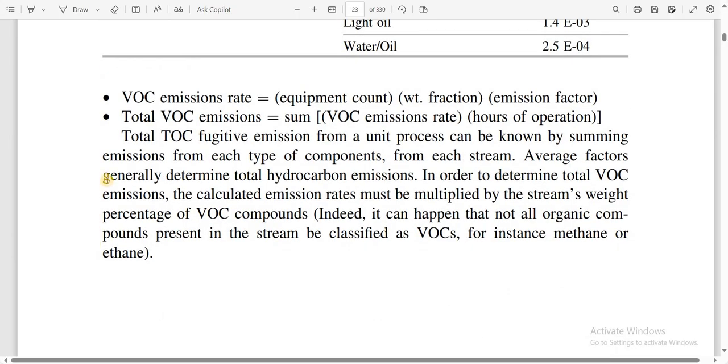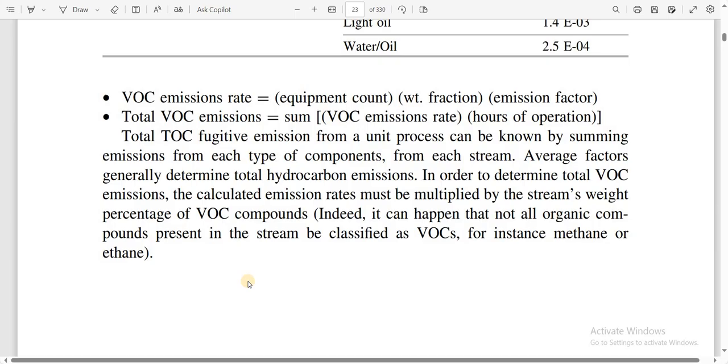Okay, so VOC emission rate equals equipment count times weight fraction times emission factor, which we have already known. Total VOC emission equals the sum of VOC emission rate times hours of operation. Total TOC fugitive emissions from a unit process can be known by summing emissions from each type of component from each stream.